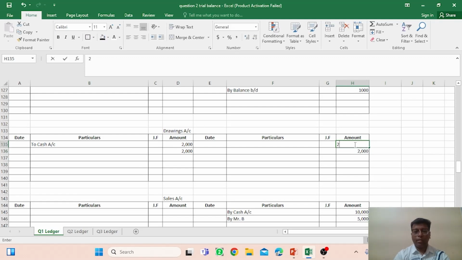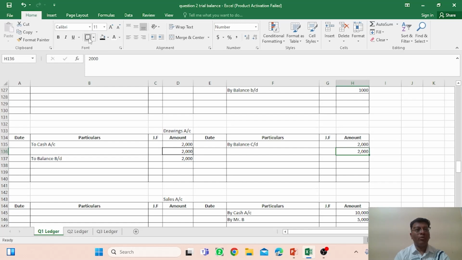And balance would be 2000 by balance CD and to balance BD 2000.